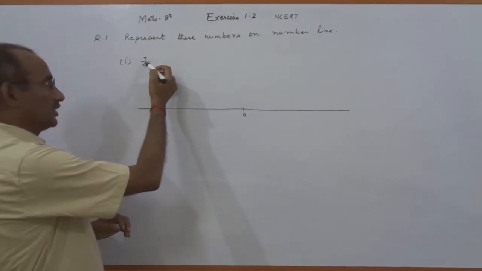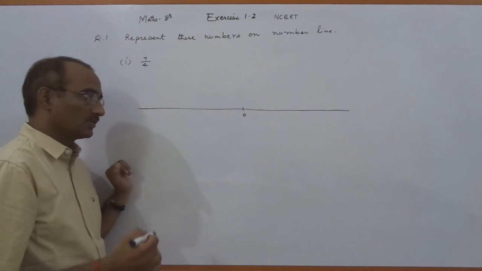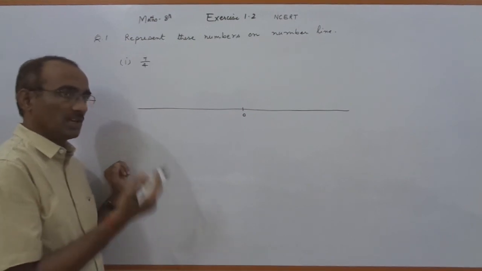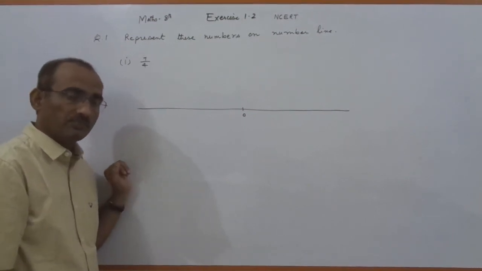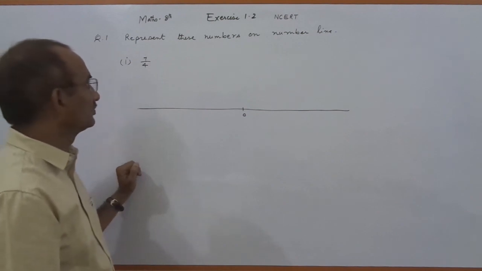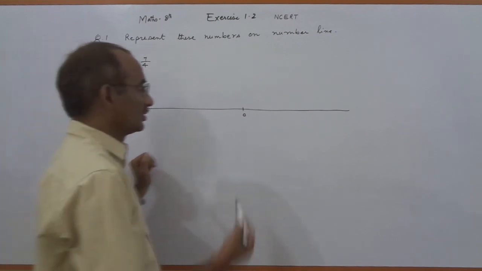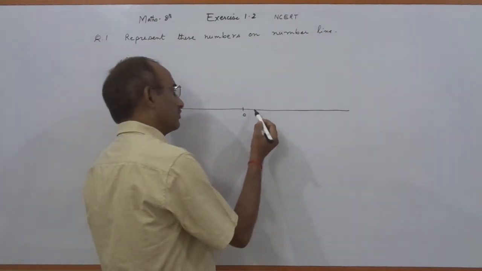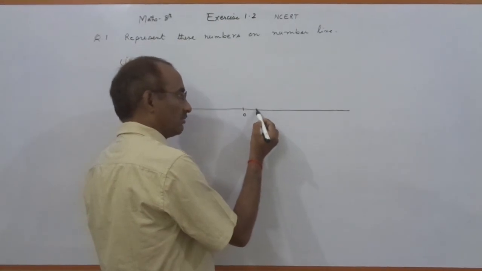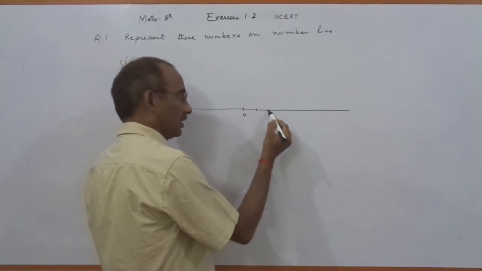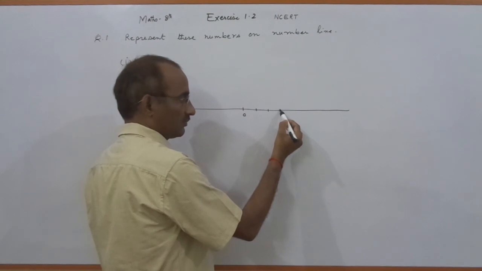Here we have 7 upon 4, so it must be on the right hand side of 0. Take some points on the number line at equal distance.